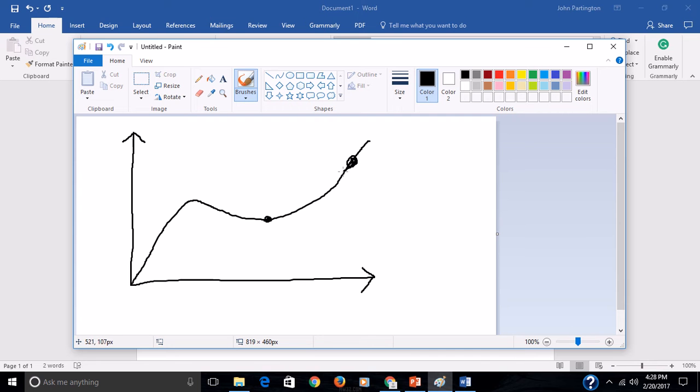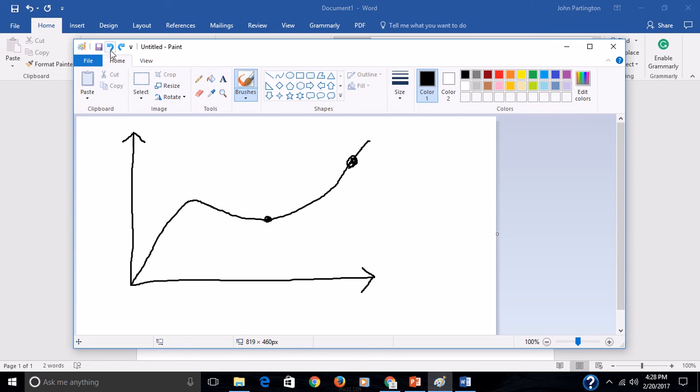So our slope is going to be this line here, and this line is going to be estimated by delta y over delta x. This is going to be our slope. So we're going to have this line that's an estimate. Now, one thing you notice about this is that it can be pretty inaccurate, especially if we're taking this over a long period of time.